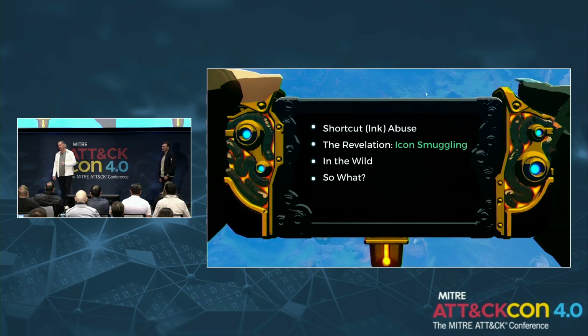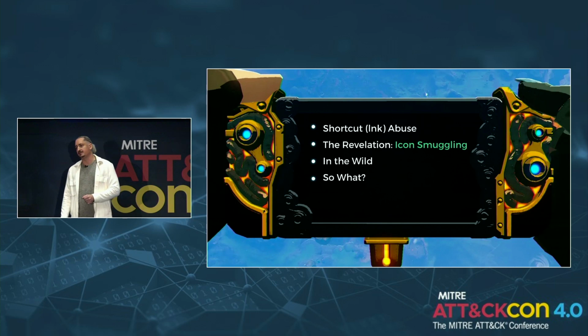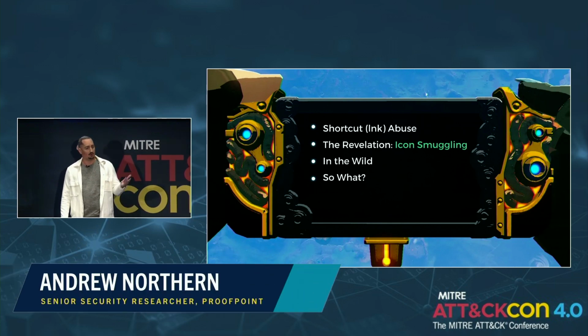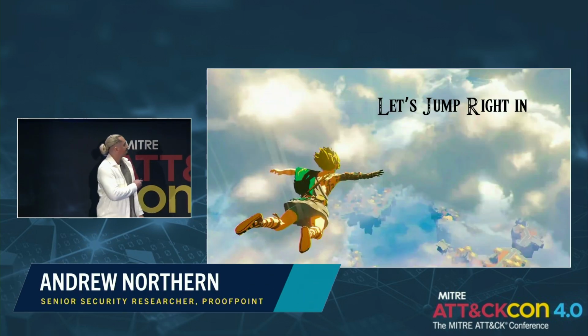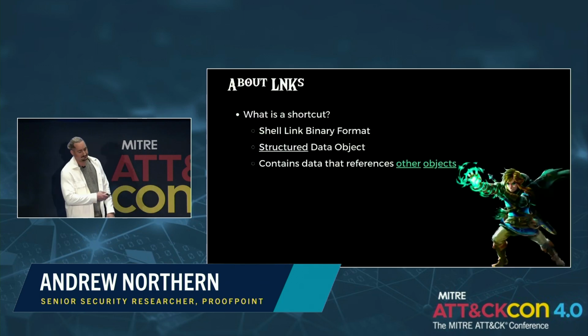Then we're going to go through some of the history that we've seen with the traditional misuse of this type of file. And then we will unveil for the first time a brand new sub-technique that we have dubbed icon smuggling. Then Mike will walk us through where we've seen this in the wild, leveraged by threat actors. And then finally, we'll put a nice little bow on it, and we'll explain to you why you should care, or the so what. So let's jump right in.